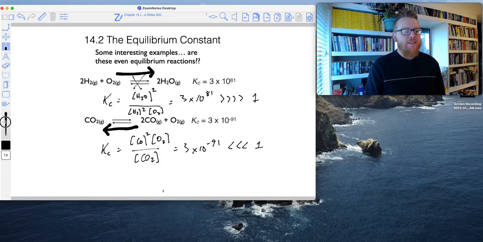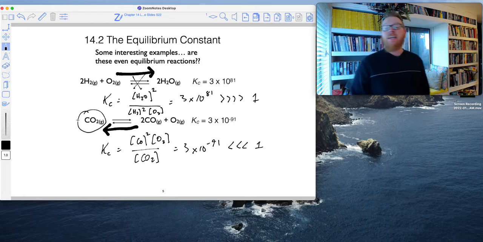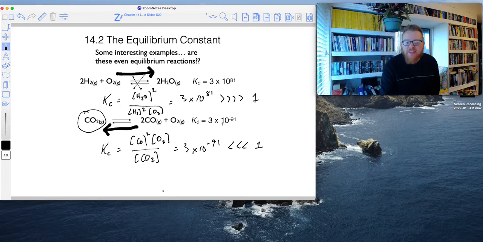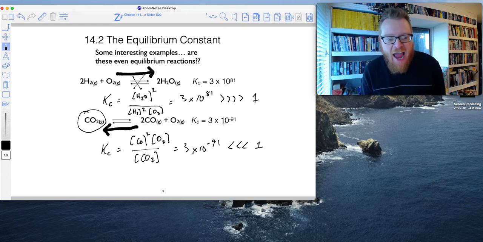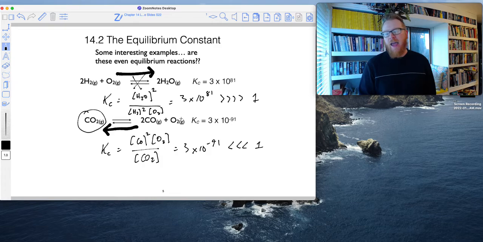If we had only CO2, this tiny number tells us there is no way CO2 is just going to react and fall apart into 2 COs and 1 O2. It isn't going to happen.